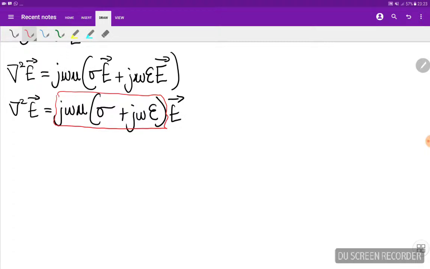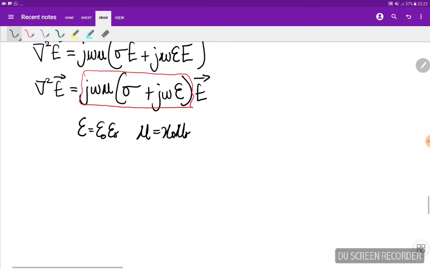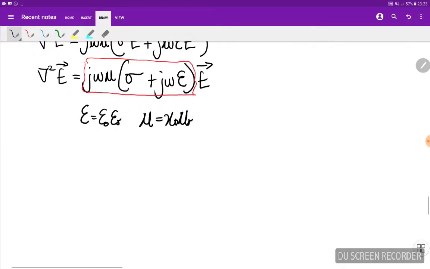Now this is not epsilon naught; epsilon here is equal to epsilon naught epsilon r, and our mu is equal to mu naught mu r, since we don't know what the material is. This is a constant, so comparing it with free space, we can denote it as gamma squared, our propagation constant squared.